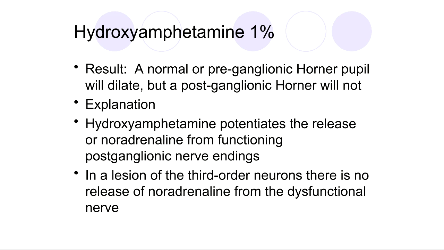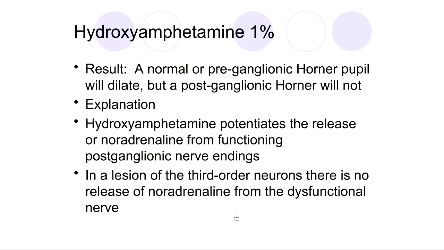Hydroxyamphetamine potentiates the release of noradrenaline from the postganglionic nerve endings, and in the third order neurons, there's no release of noradrenaline because these nerve endings are dysfunctional. Therefore, if you have a reaction to hydroxyamphetamine, then you can immediately eliminate the third order neurons and say, okay, it's going to be first or second order neurons.